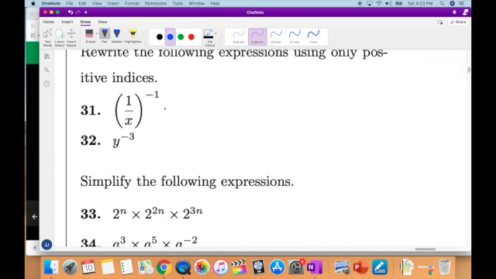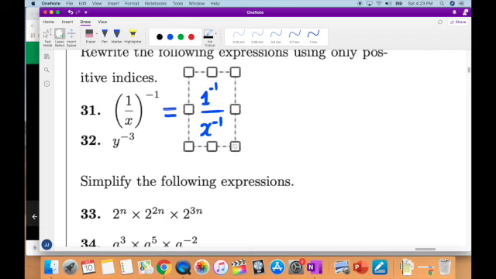Alright, watch this. Let me see if you agree with this. This is equal to 1 to the power of negative 1 all over x to the power of negative 1. You all agree with that, Shazay and Caitlin?